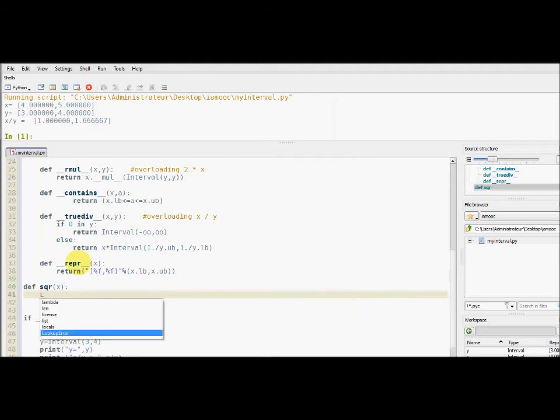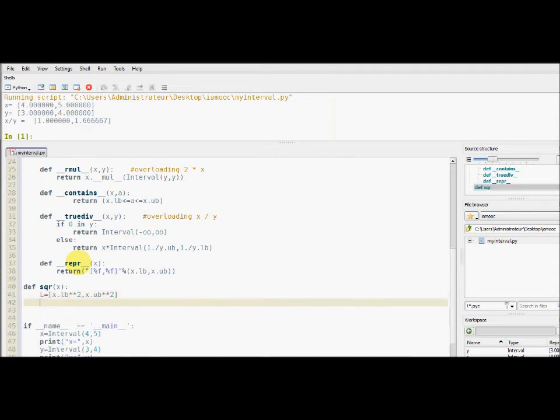So for the square, I have to build a list which contains x lower bound square and the same with the upper bound. Now I have to distinguish two cases.